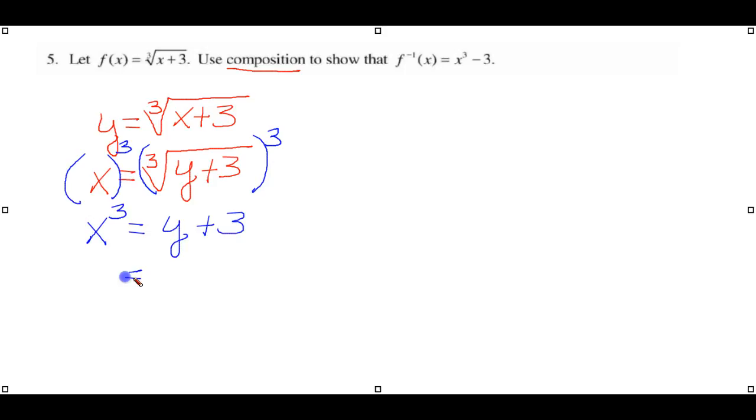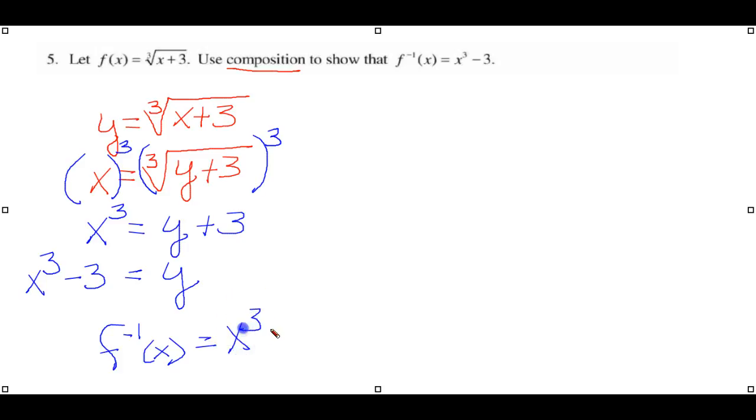Now when we solve for y, we get x to the third, transpose the positive 3, and now we write the y as the inverse symbol, and you see we have proven through composition that this is the inverse of that.